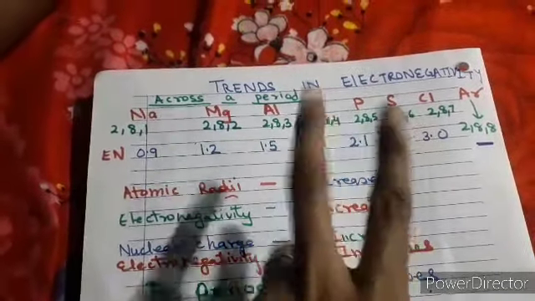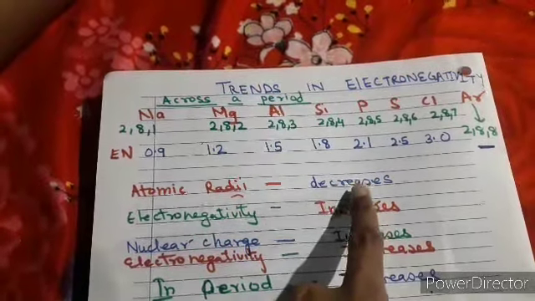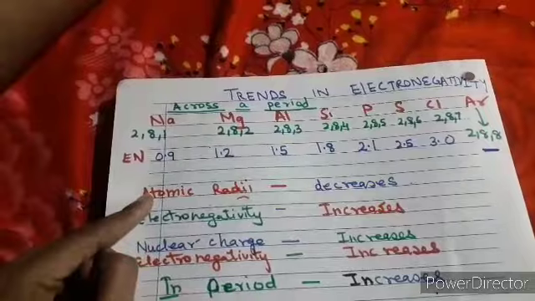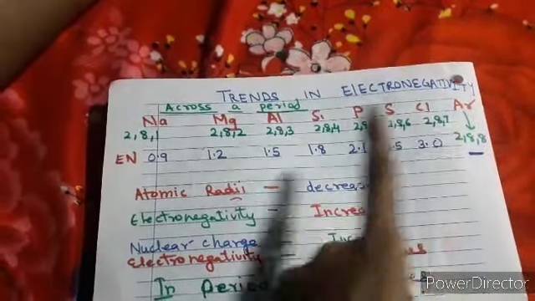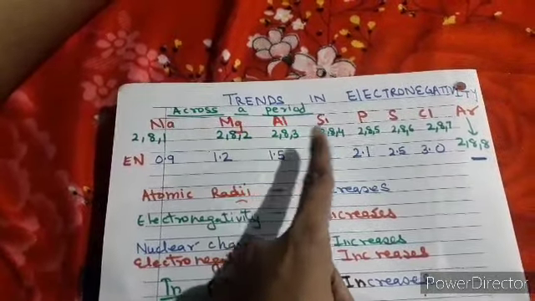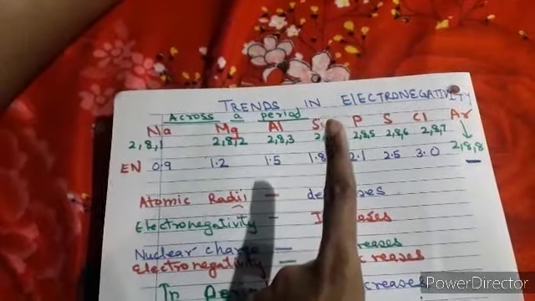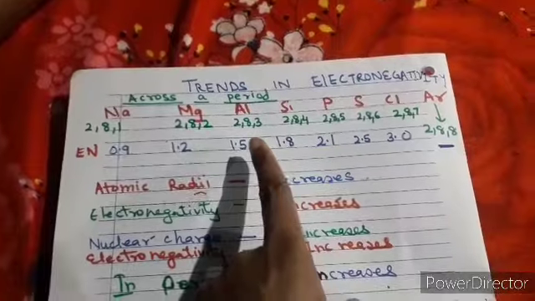So in both cases atomic size decreases when we move across the period.